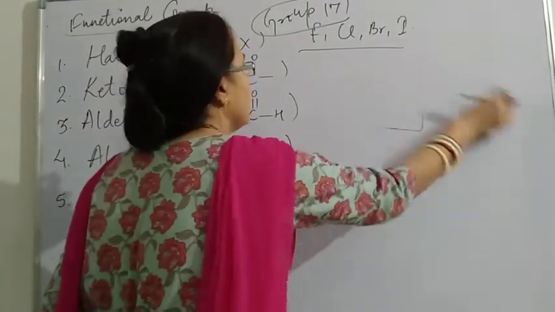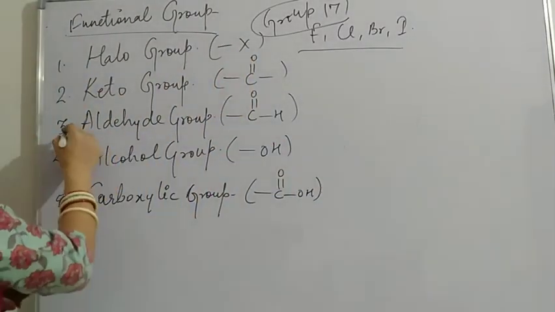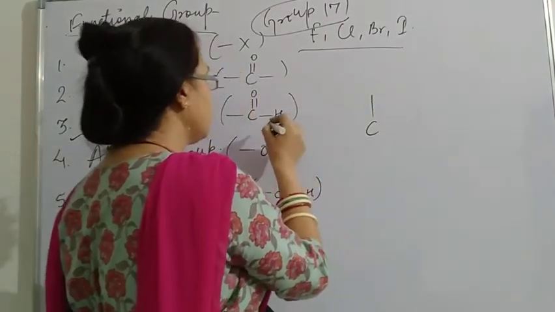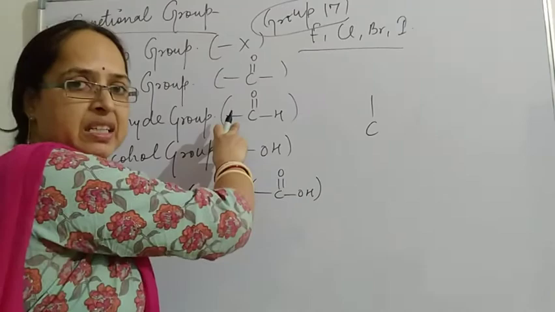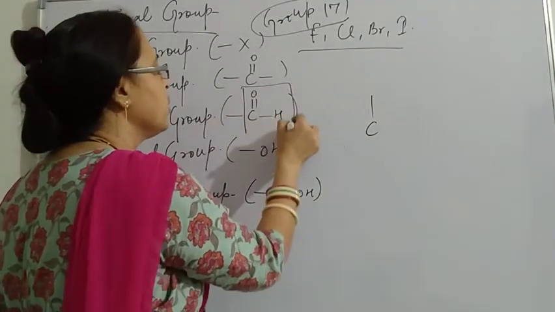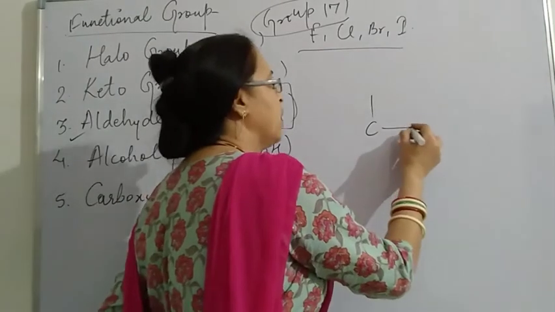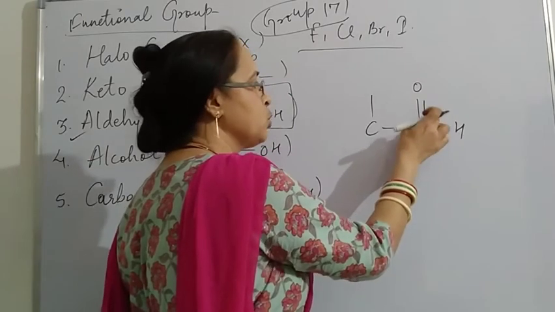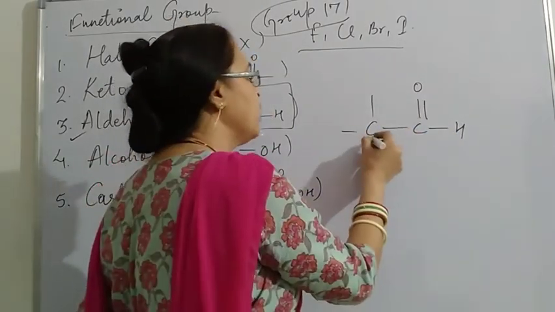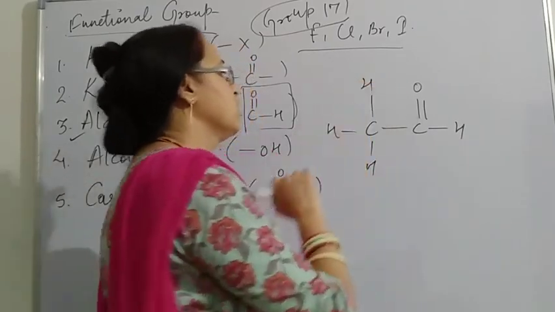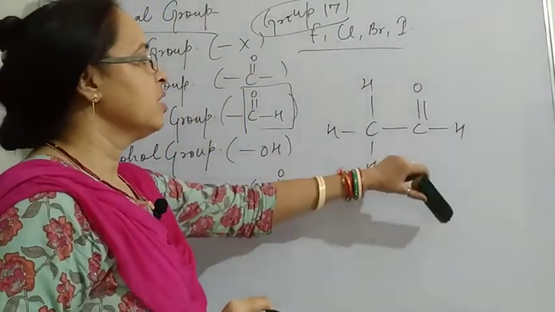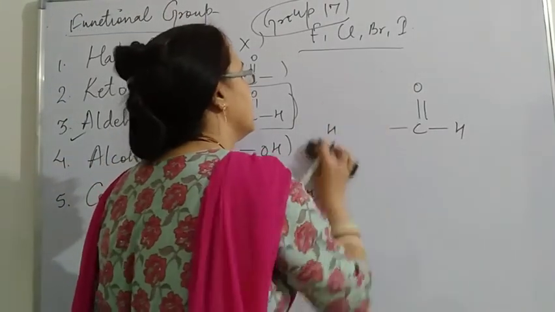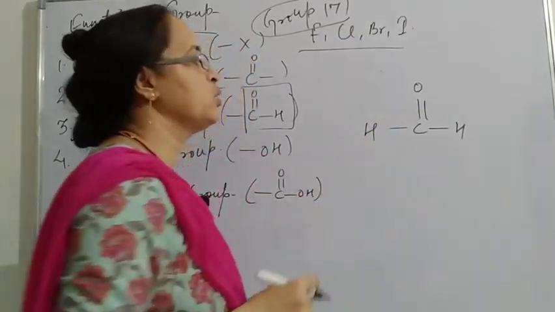Now, when we talk about the third functional group, that is the aldehyde group, COH or CHO. Here you can see that only one valency of carbon is left. That means it is at the terminal position. Here, when we talk about the two carbon compound, this end is fulfilled, that is 2, 3 and 4 valency of carbon is fulfilled, and now this carbon valency we fulfill with hydrogen.